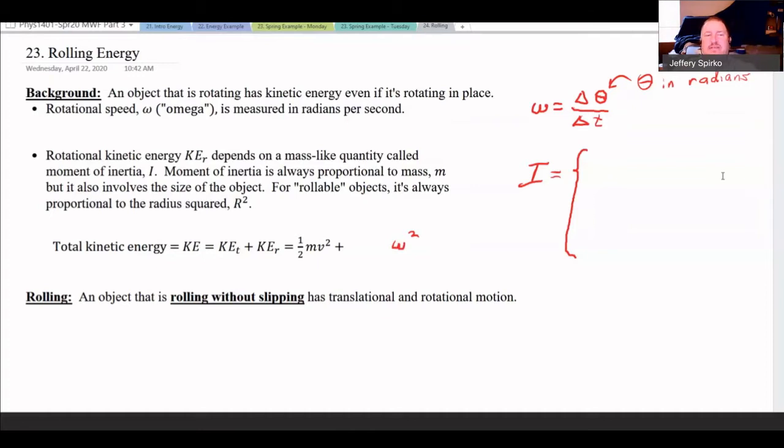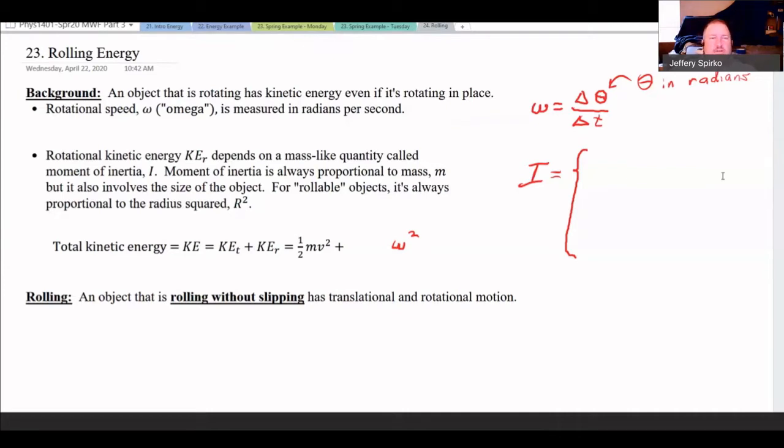And that's because of the physical size of the object from the axis of rotation. This pen is a much larger distance from the axis of rotation that I'm rotating it around now when I flick it back and forth between my fingers than if I rotate it around its own axis just by rolling it between my hands.